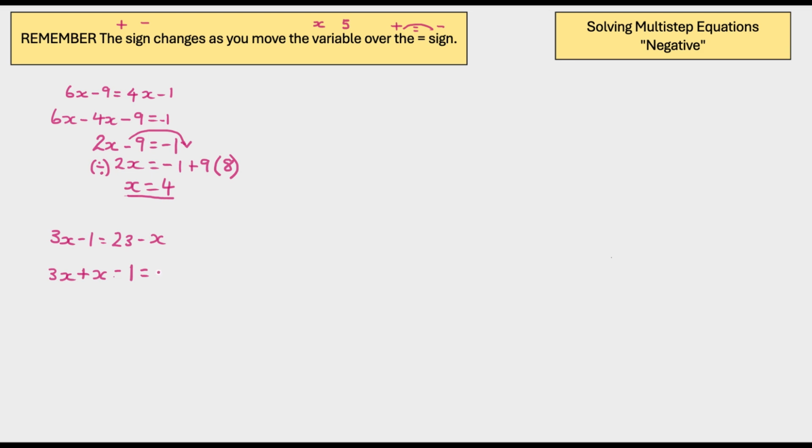Minus 1 equals 23. So 3x plus x is 4x. Minus 1 equals 23. We're going to take this minus 1 over the equal sign like that, and it's now going to be a plus.